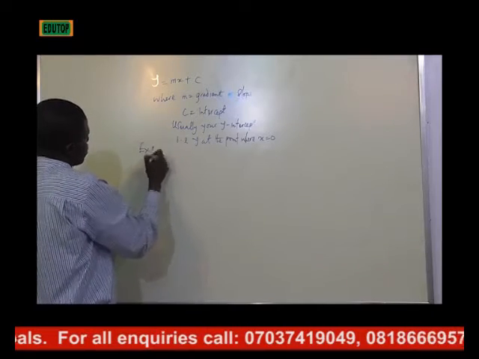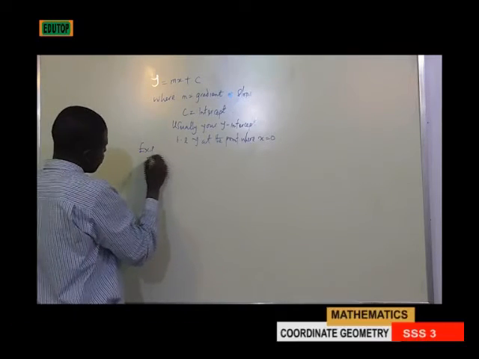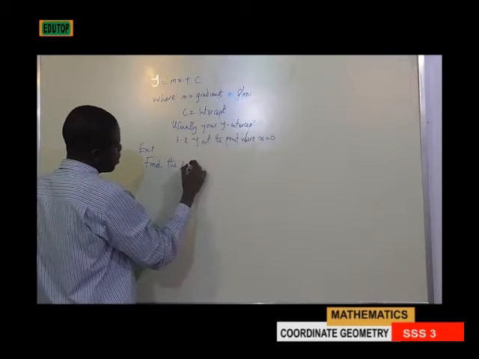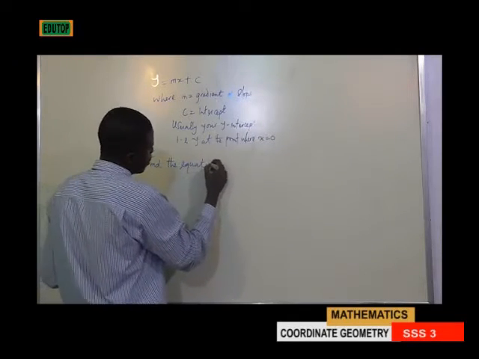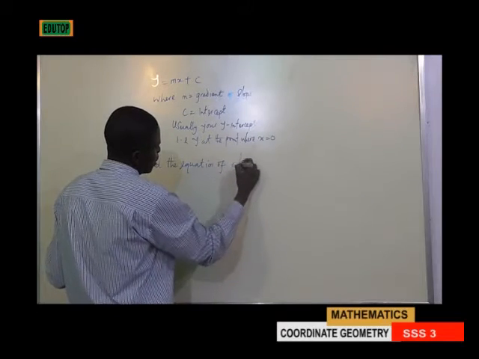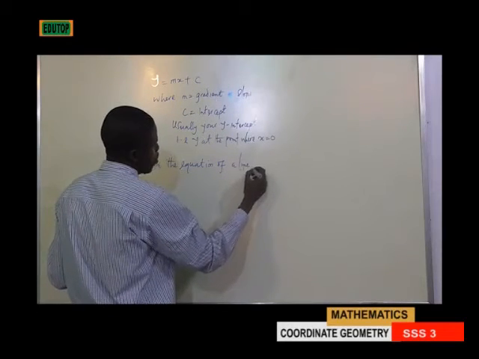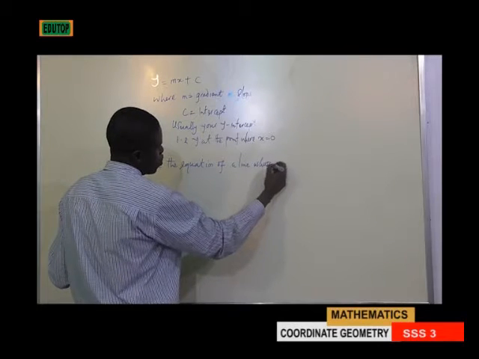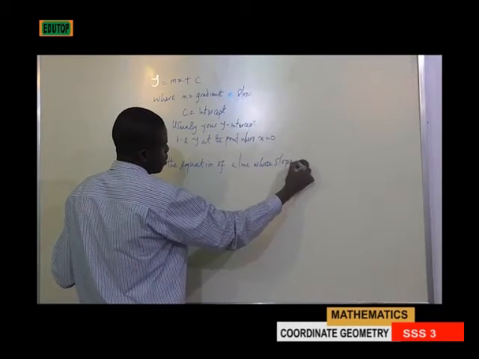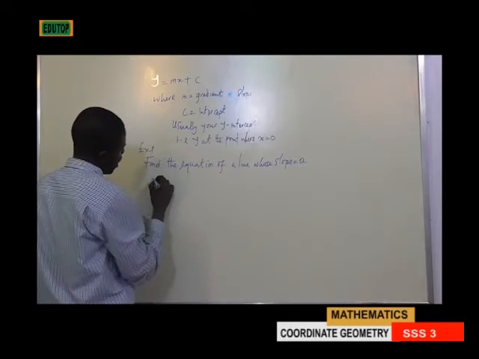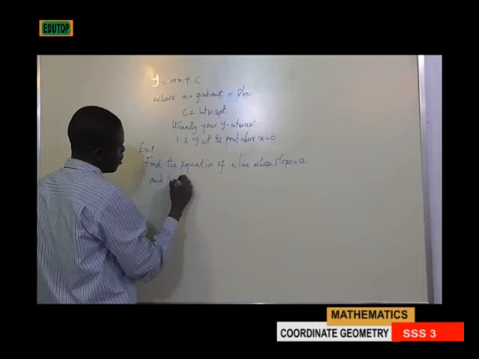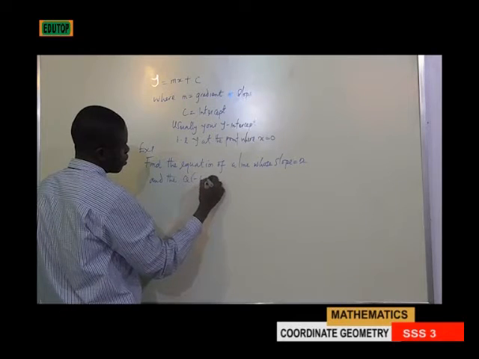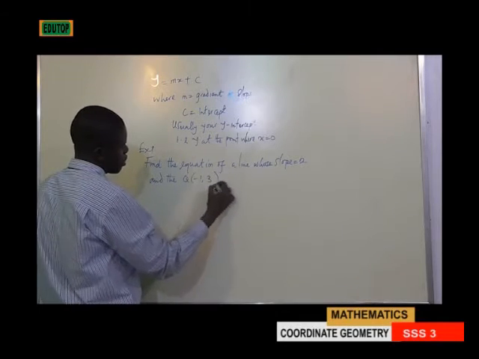Example 1. Let's say we have to find the equation of a line whose slope is equal to 2, and the point Q is (-1, 3).